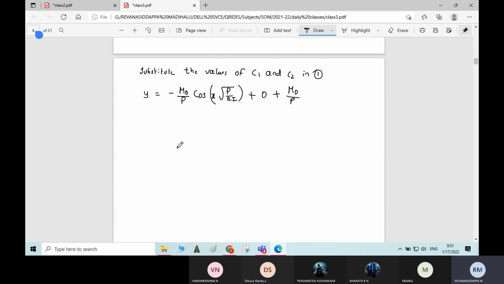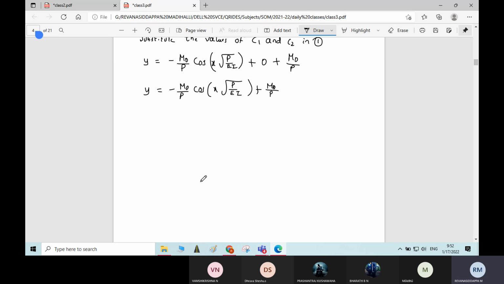Now the final equation is y is equal to minus m naught by p cos x root p by EI plus m naught by p. Now we got a particular equation.